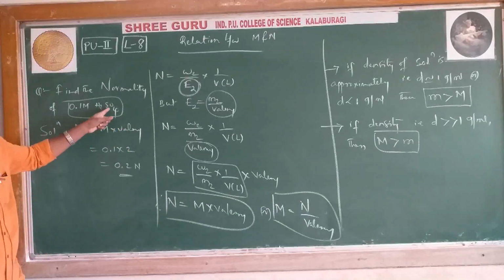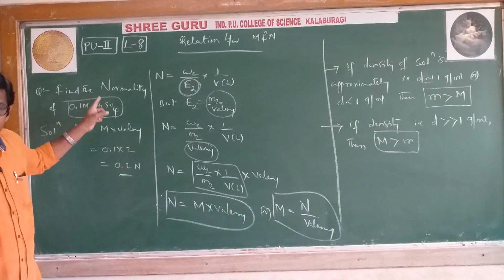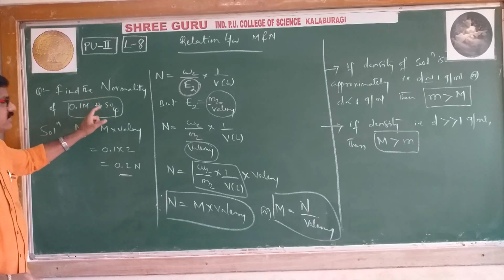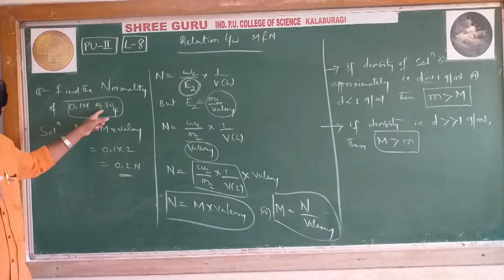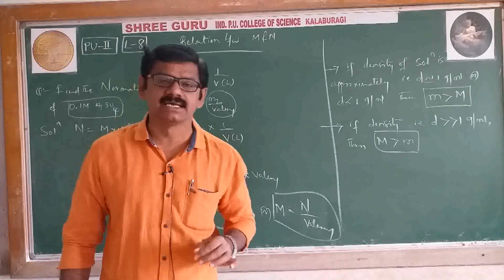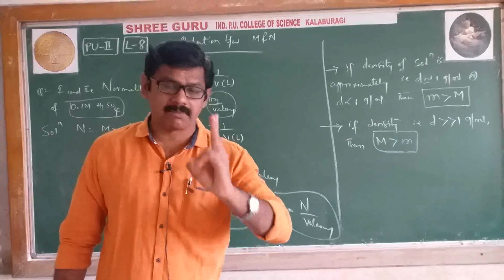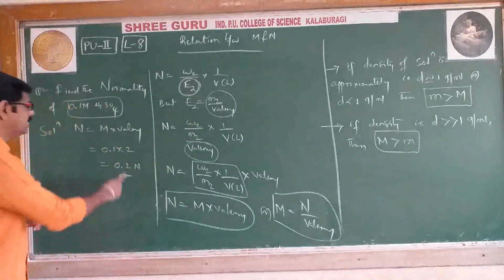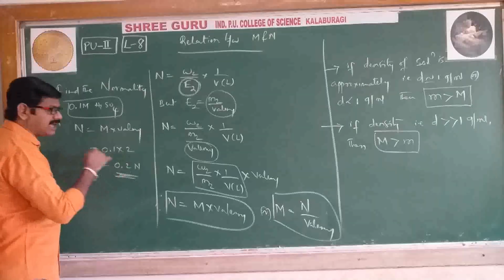Valency, for an acid like H2SO4, is nothing but its basicity. Sulfuric acid basicity is 2. Why is sulfuric acid basicity 2? We learned that in our previous video, because it has 2 replaceable hydrogen ions. That's why it's 2. Therefore, your answer is 0.2.